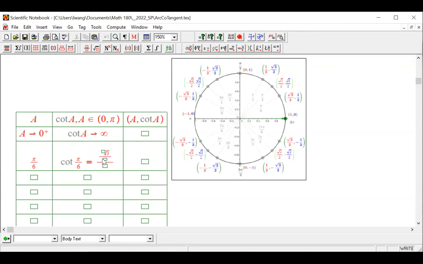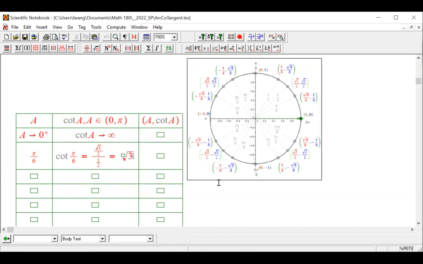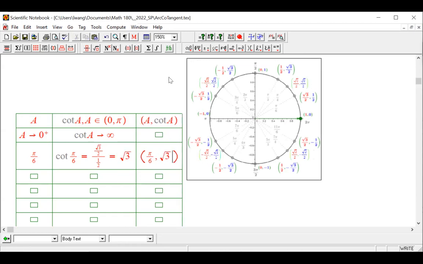So √3/2 divided by half, and you reduce it, you get √3. So angle is the input, and ratio is the output.